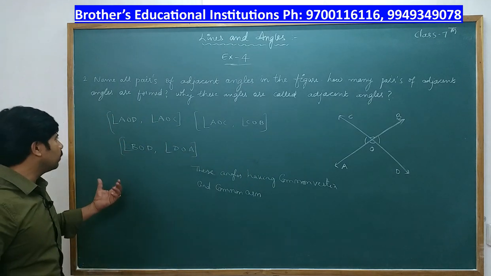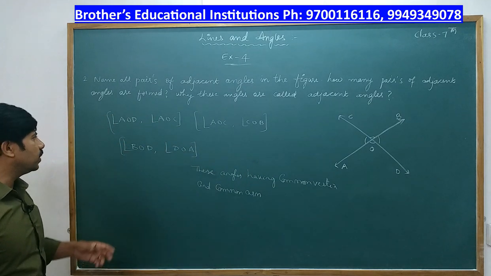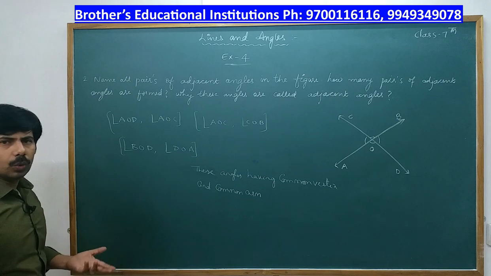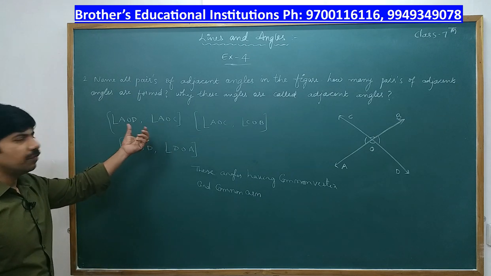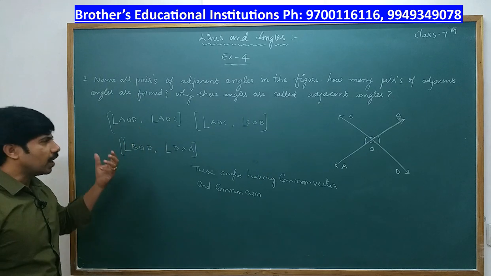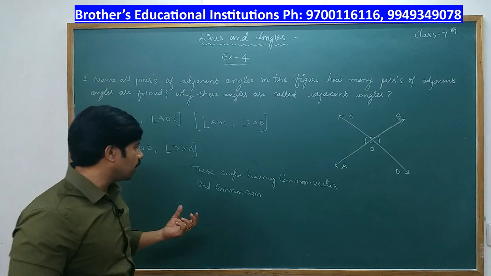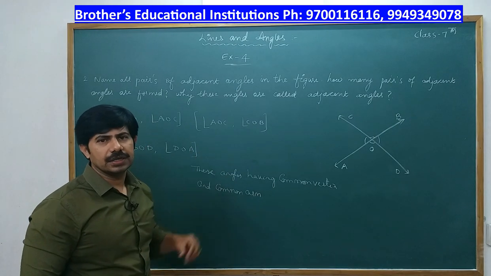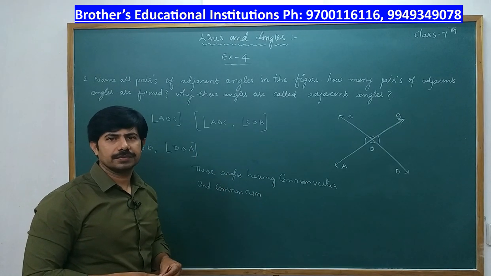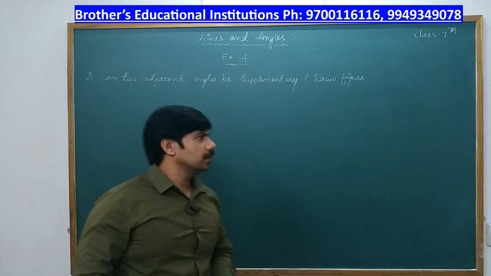That is why they are called adjacent angles. They have the common vertex O and a common arm, for AOD and AOC we see AO. As we have the common vertex and common arm, we say these angles are adjacent angles. So this is completed. Now, next one.